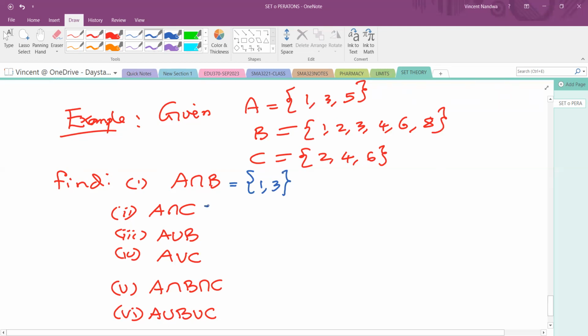Then A intersect C means what is common to set A and C. 1 is in A but cannot be seen in C, 3 is in A but cannot be seen in C, 5 is in A but cannot be seen in C. So this will be simply an empty set.